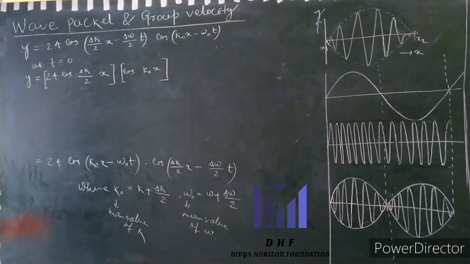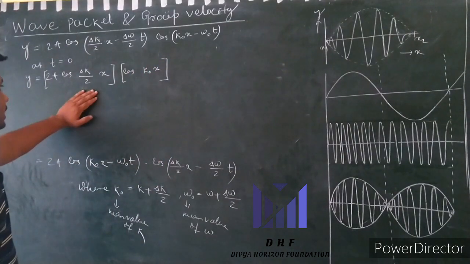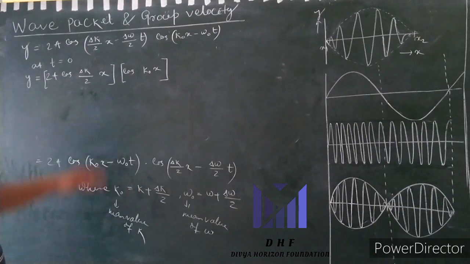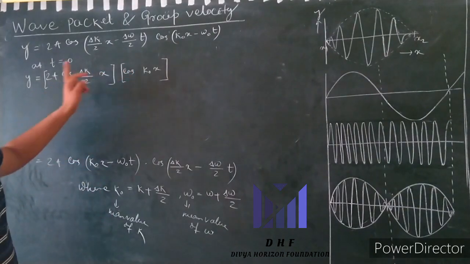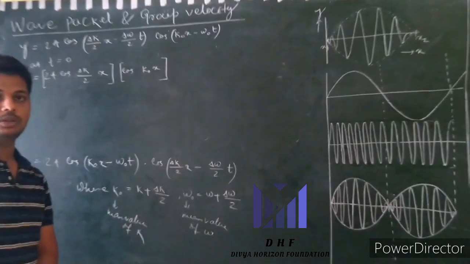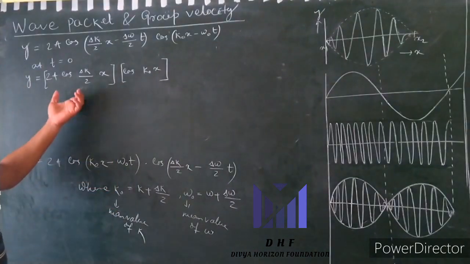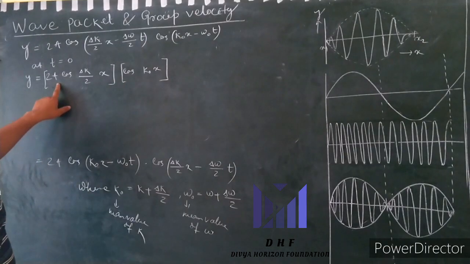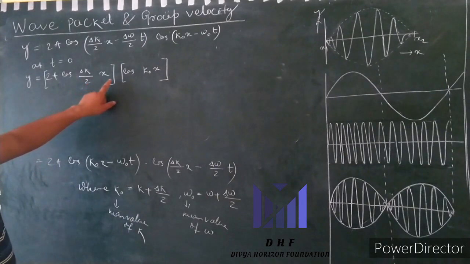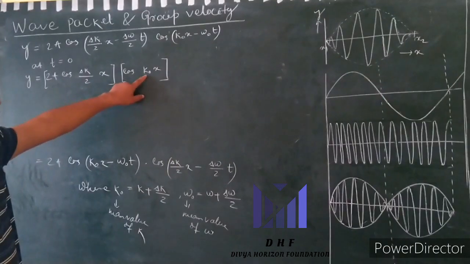This will be the shape of the waveform at time t is equal to 0. Here we have just put 0 in place of t. So here we get two terms. One is 2a cos(del k by 2 into x), another is cos k0 x.